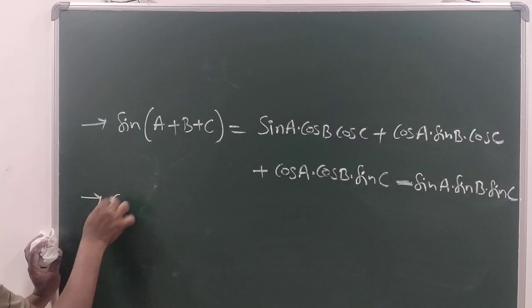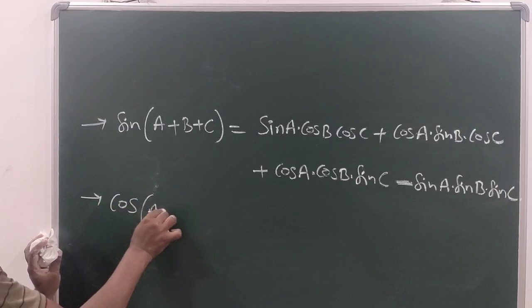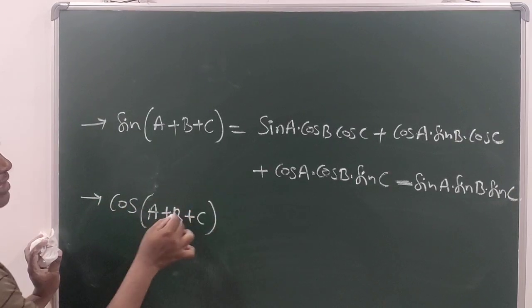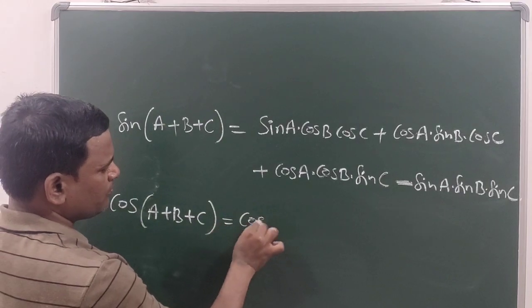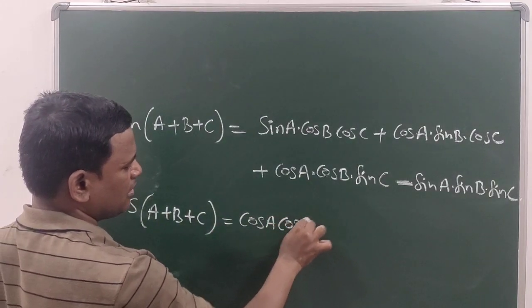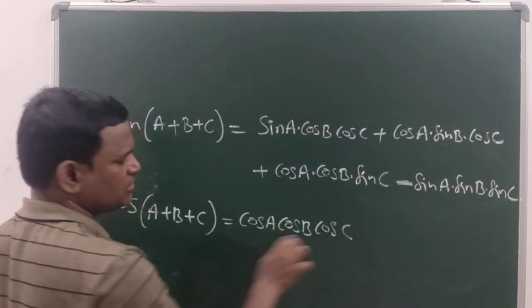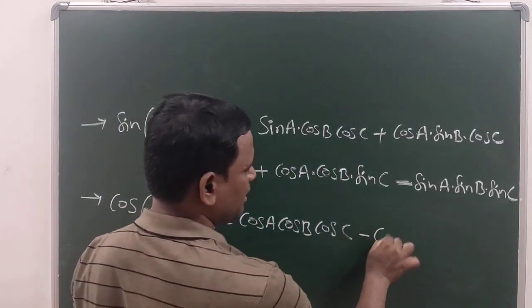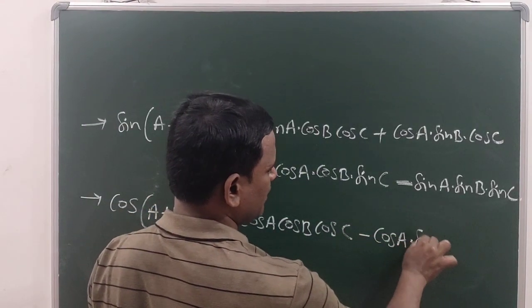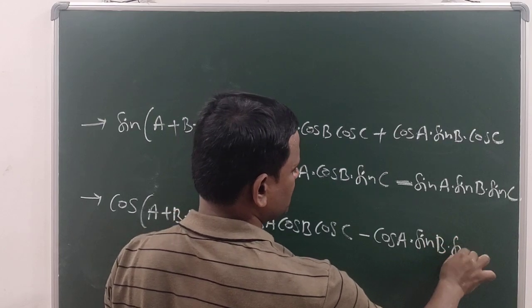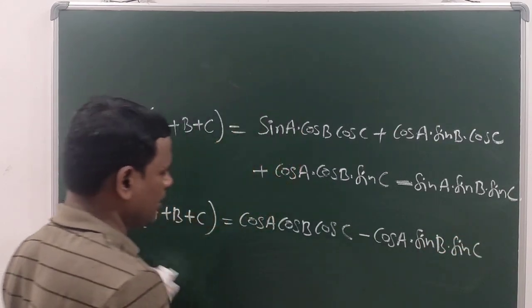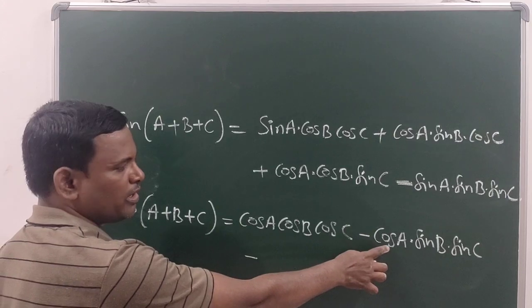Similarly, cos of A+B+C, which is equal to cos A cos B cos C first, next cos A into sin B sin C, minus.